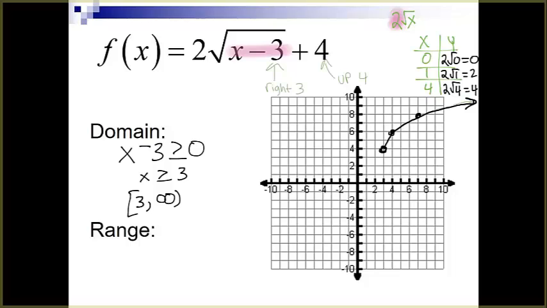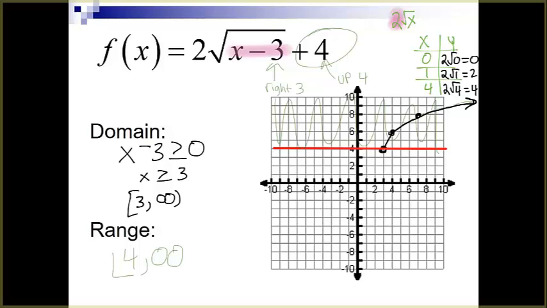My range is going to be looking at whatever this value is, and you have to look and see what the graph does. So my y values are going to go from this line to above this line. That means basically from 4 to positive infinity.